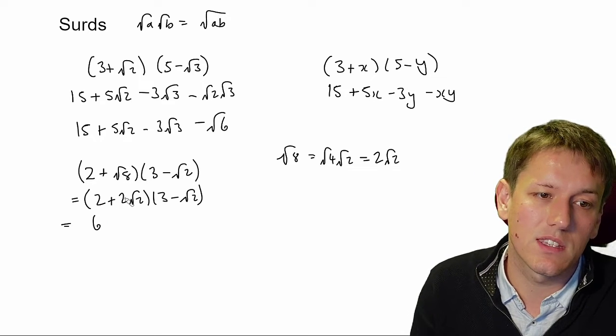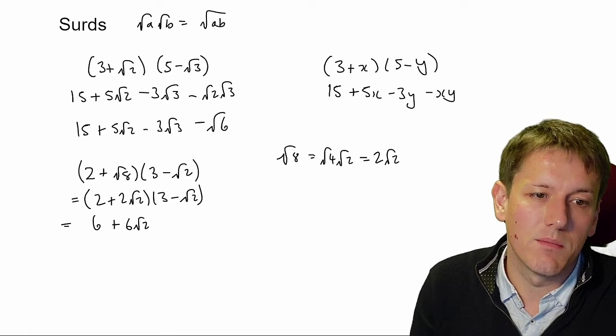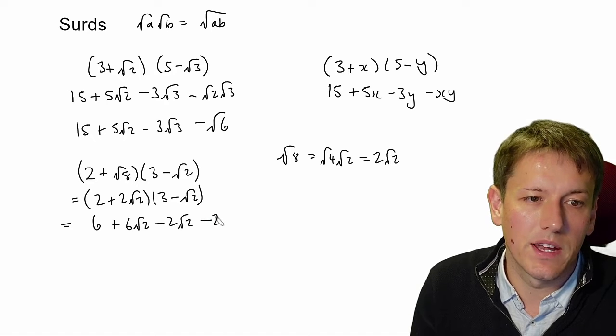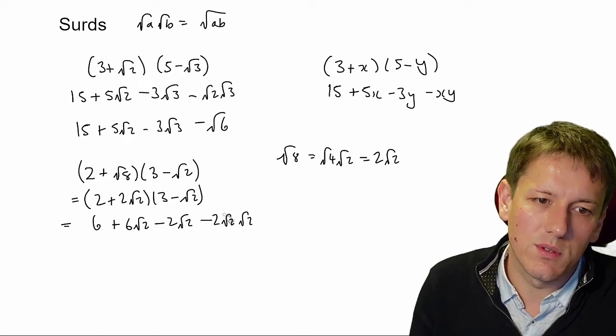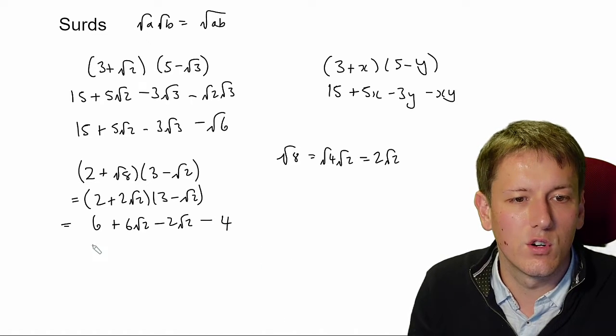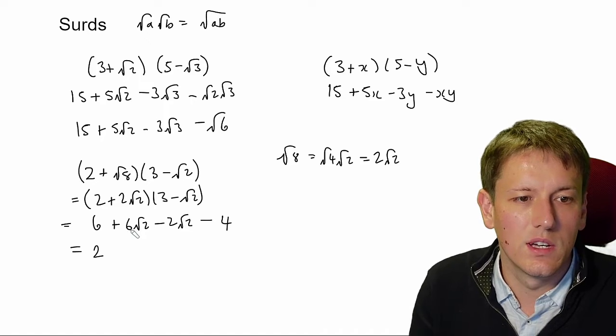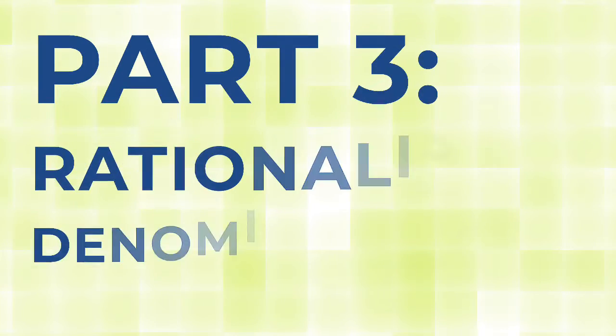So 2 times 3 is 6, 2 root 2 times 3 is 6 root 2, then I'm going to have a minus 2 root 2, and then finally I'm going to have a minus 2 root 2 times root 2. Root 2 times root 2 is 2, so that's 2 times 2, which is 4. So I've got 6 minus 4 is 2, 6 root 2 minus 2 root 2 is 4 root 2.